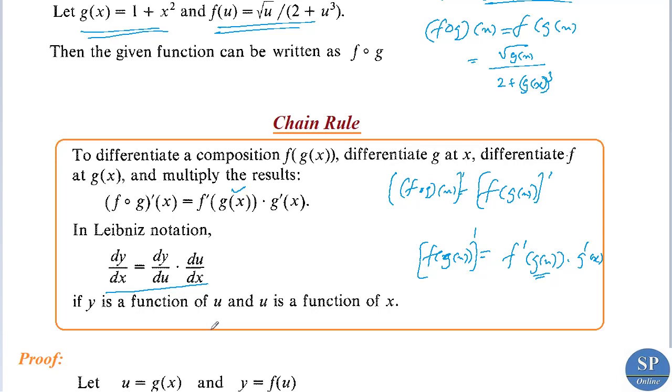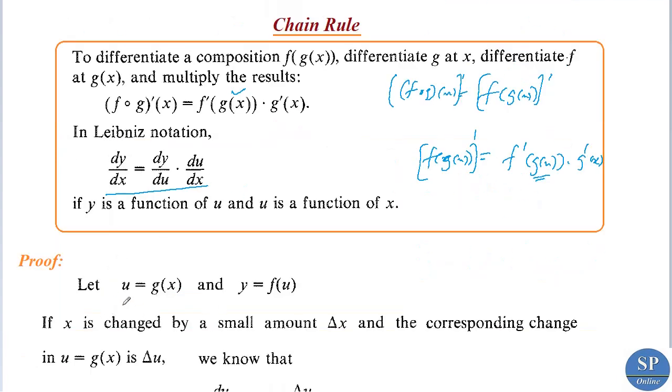Now we can try to prove this. Let u equal to g(x) and y equal to f(u). Therefore, we can write y equal to f(u), and u can be replaced by this, so f(g(x)).